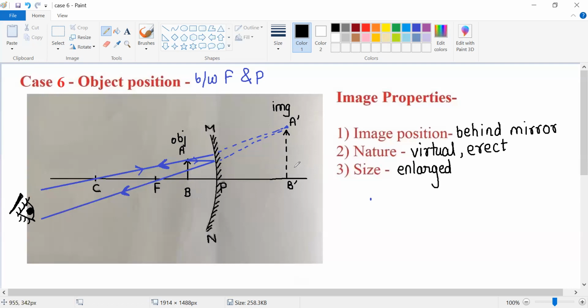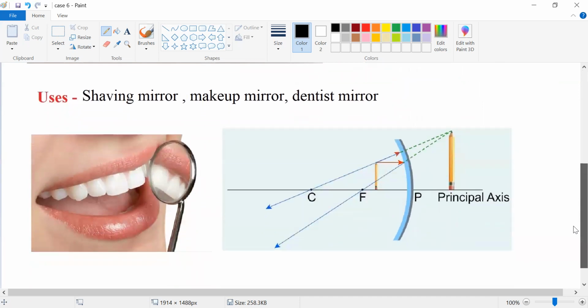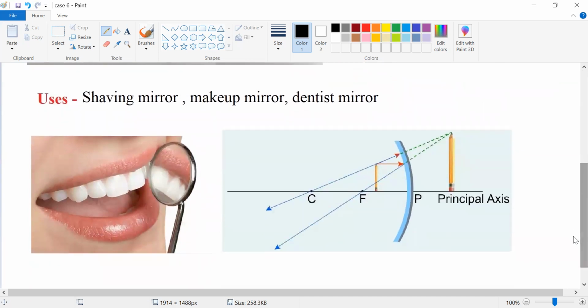What is the application? What is the use of this case? So majorly a concave mirror for this case is used by dentist. It is also used as a shaving mirror and it is also used as a makeup mirror. तो आपने कभी ध्यान से देखा होगा कि अगर आप अपने डेंटिस्ट के पास कभी गए होंगे ट्रीटमेंट कराने के लिए तो डेंटिस्ट आपके दांतों को ऑब्जर्व करने के लिए, एग्जामिन करने के लिए मेक्स यूज ऑफ दिस काइंड ऑफ अ मिरर.